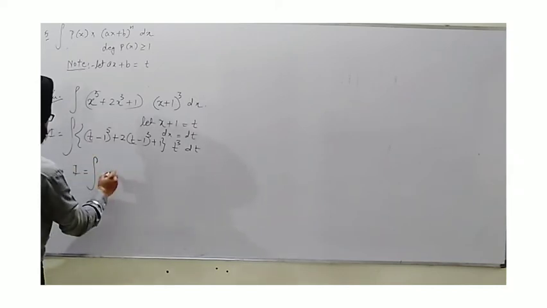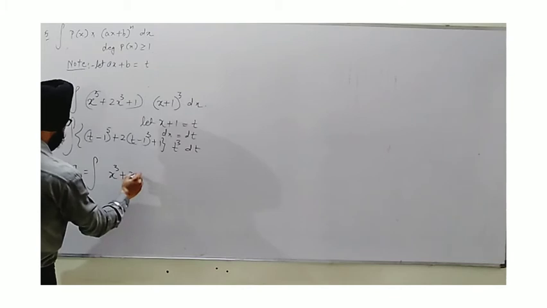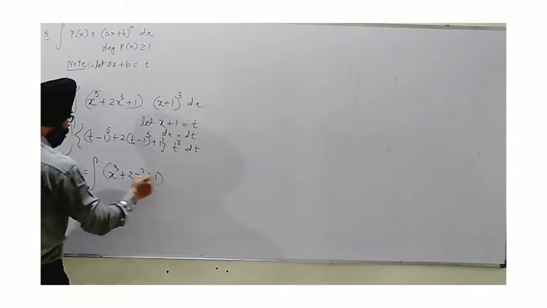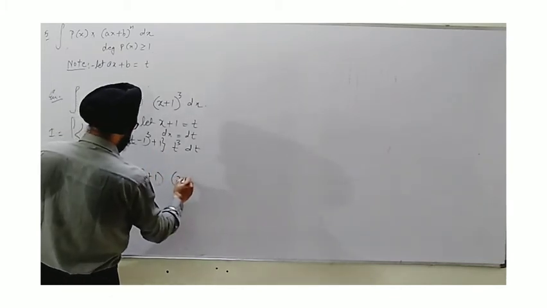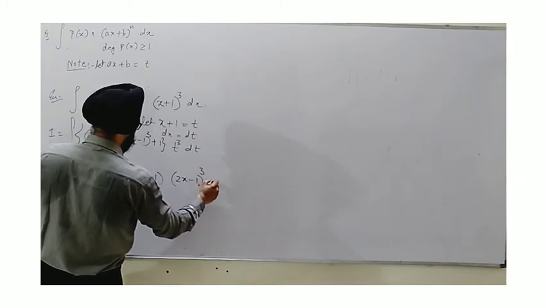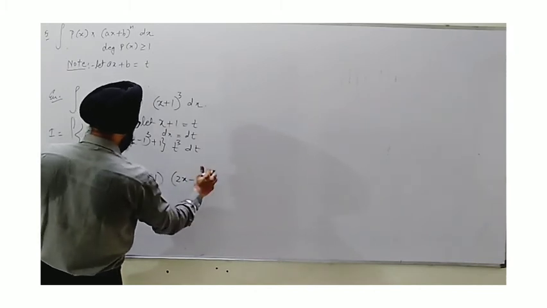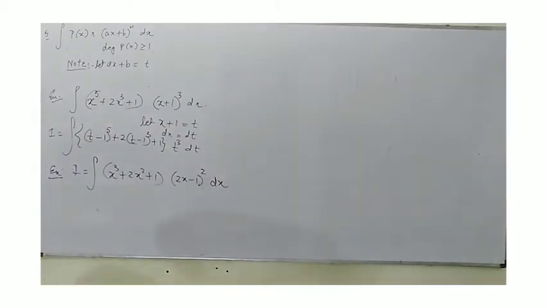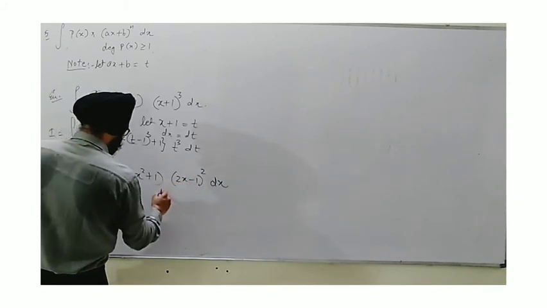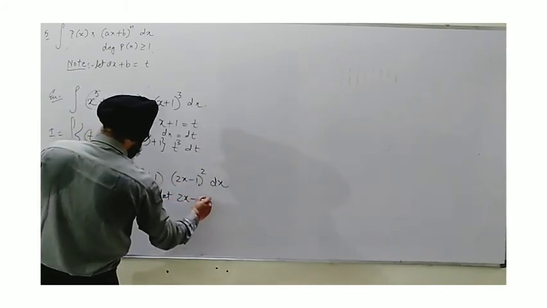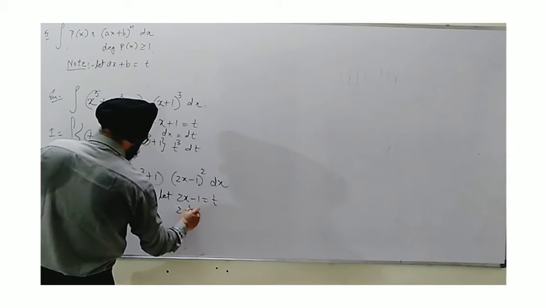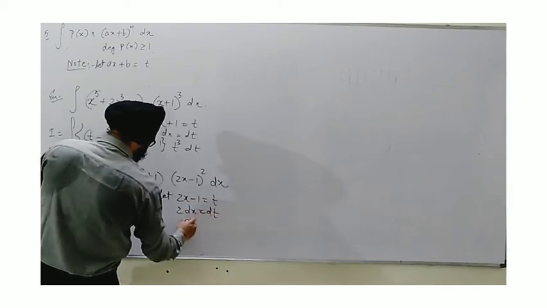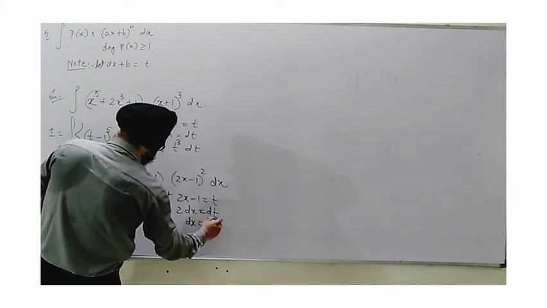Let us take the integral of x cube plus 2x square plus 1, times (2x minus 1) raised to the power 3, dx, as one example. Randomly I have introduced this example. We will consider this linear part as t, substituting 2x minus 1 by t. Obviously 2 dx is dt, so we get dx as half dt.